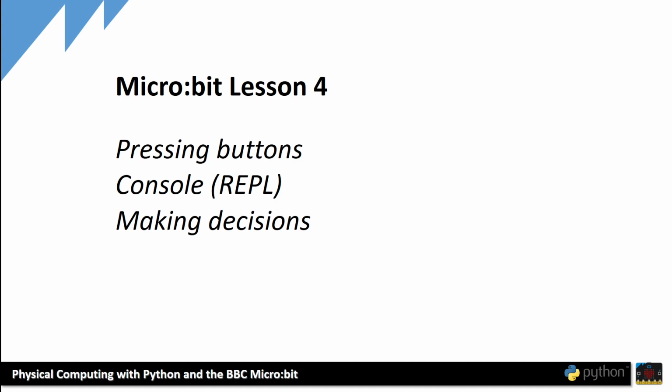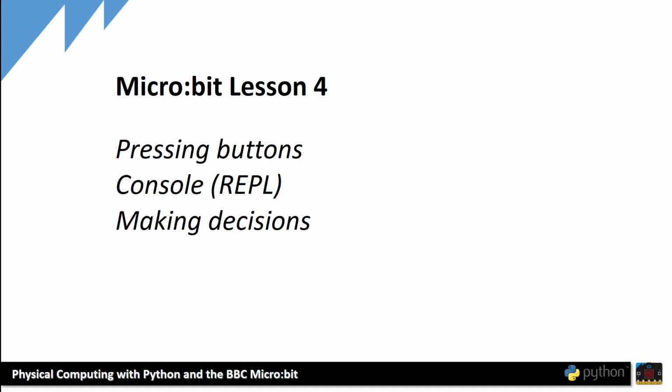In addition to the traditional buttons, button A and button B, we also saw that we can use the little pin logo, which is the metal circle above the LEDs, which can sense if it's been touched. Again, along with if statements, we can now make a decision that if the person touched that particular metal capacitive touch, which is called pin logo, we can display something, we can control something, we could play a sound, we could pretty much do whatever we want.